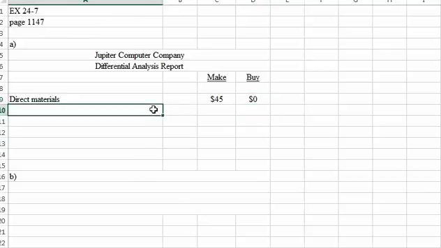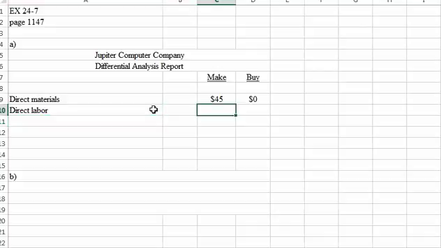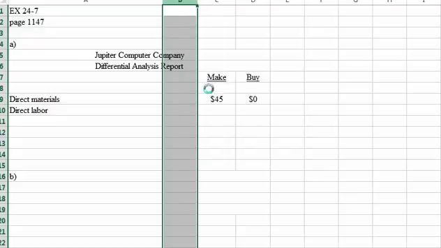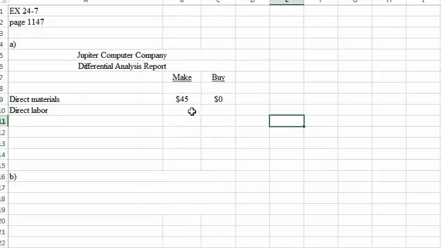Okay, let's go to direct labor. Our direct labor cost, if we make them in-house, $20. If we buy them, again, $0.